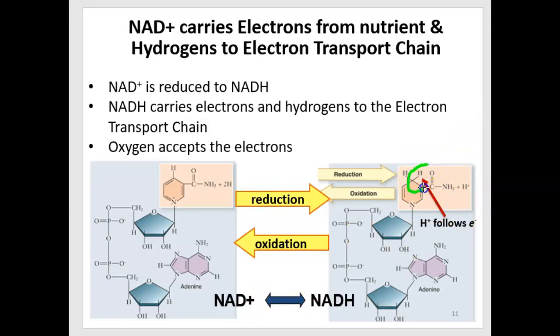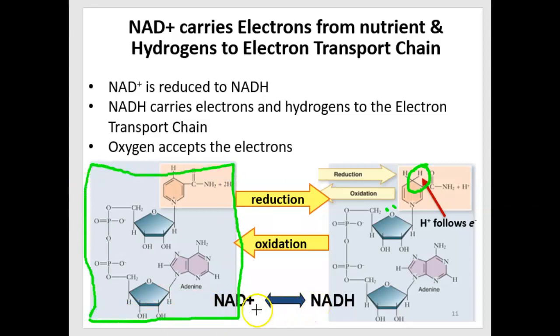And this is where the hydrogen goes. Electrons can go in a number of places, anywhere there's some oxygen, because remember how electronegative they are. They're very greedy. So this is the molecule that's going to take the electrons that are released from breaking a bond, and now it becomes NADH. And this is what's carrying the electrons, NADH, to the electron transport chain.